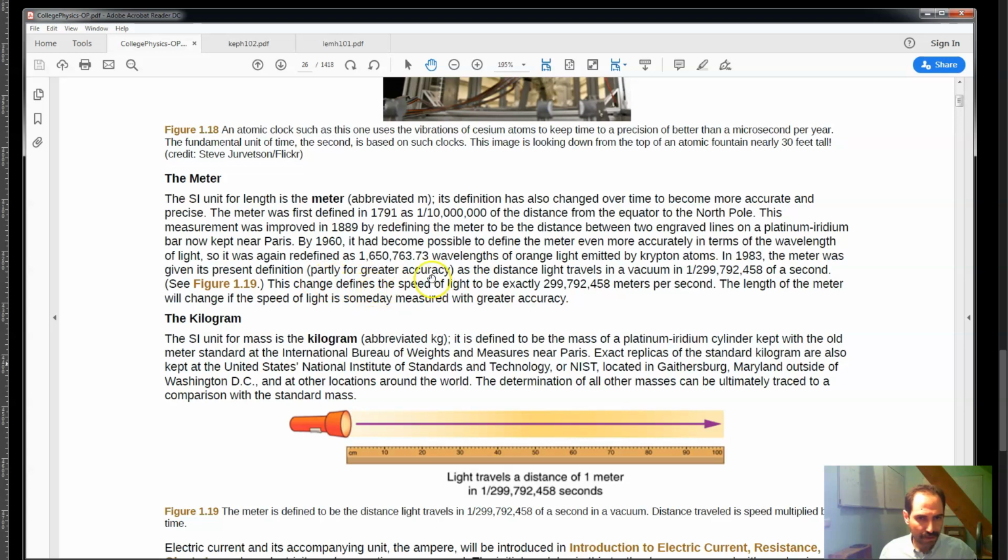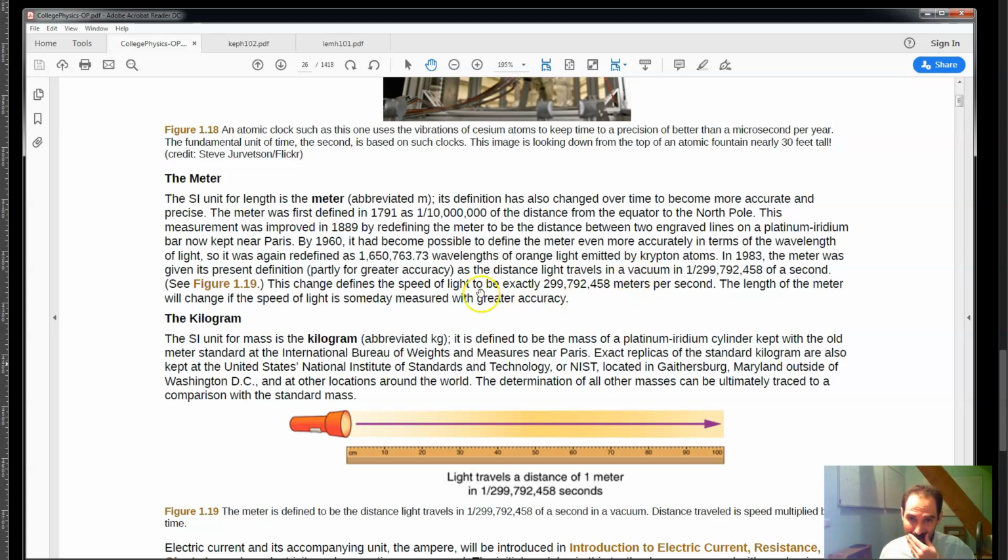And this change defines the speed of light to be exactly 299,792,458 meters per second, right? The length of the meter will change if the speed of light is someday measured with greater accuracy.